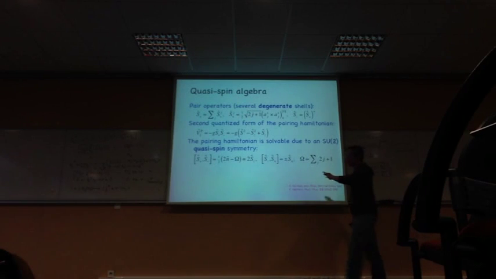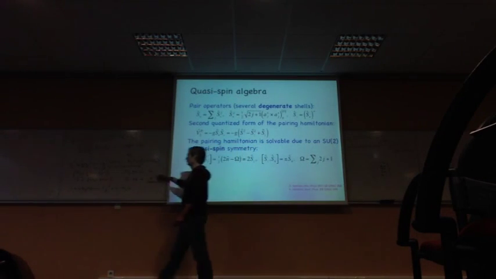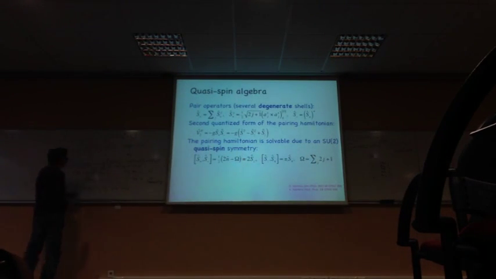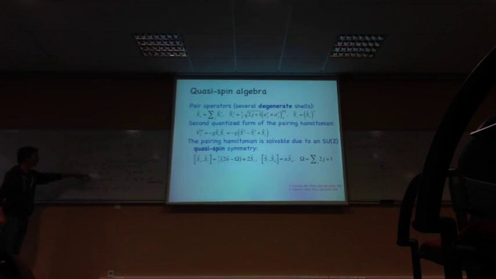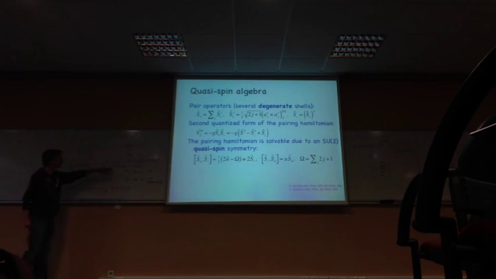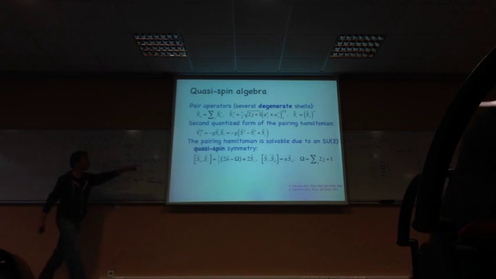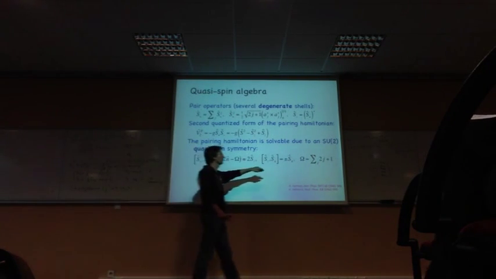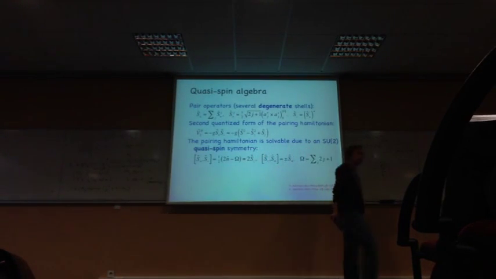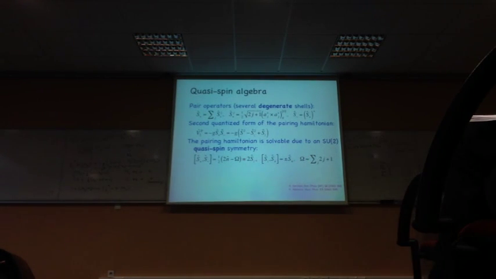And you can apply the same sort of derivation to get to a closed formula for the energy, in terms of seniority, particle number, and the degeneracy of the shell, where 2J plus 1 is replaced by this formula. And we have again a closed expression.